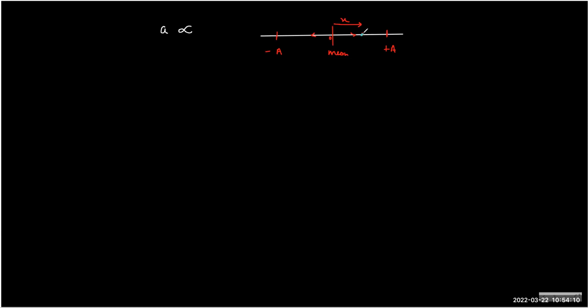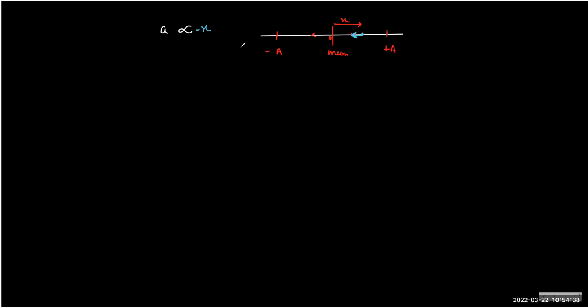And if you are here, then the acceleration of this particle at this instant must be towards the center, towards the mean, and proportional to the displacement with respect to the mean position. And minus means it is opposite to the displacement. So if you're going towards the right, it must be left. Then only it can be SHM.